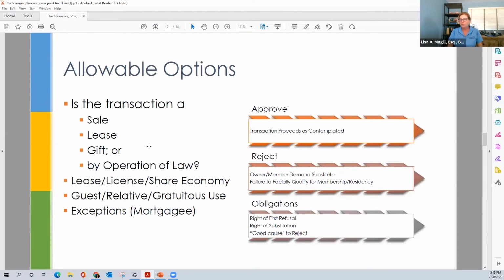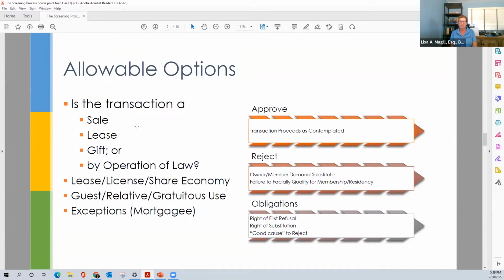So what are the allowable transactions? I talked about this. Or what are the allowable options? Well, I talked about originally what's in your governing documents. So do your governing documents say that the transfer approval process applies to sales? Does it say it applies to transfers? Does it apply to leases, gifts, operation of law? Those are all different scenarios.